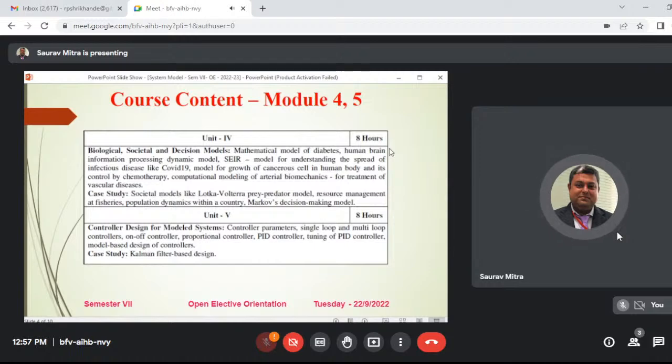So what is the logic behind that? Chemotherapy, how does chemotherapy help in cancer reduction? All those basic knowledges from a mathematics point of view, from a system modeling point of view, we are going to learn here. Then computational modeling for arterial biomechanics, that is how the blood flows through the artery, and what happens when the artery gets blocked. So these are very interesting things.